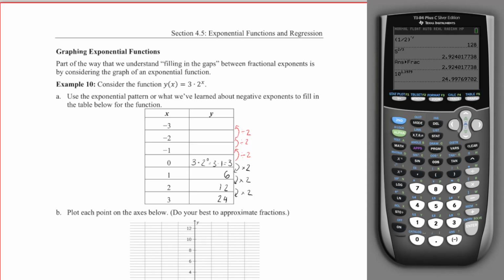So 3 divided by 2, and I know I'm going to get a fraction, so I'm just going to make that a fraction. Oh, well, that's just 3/2. Divide by 2 again. I get 3/4. Divide by 2 again. I get 3/8.